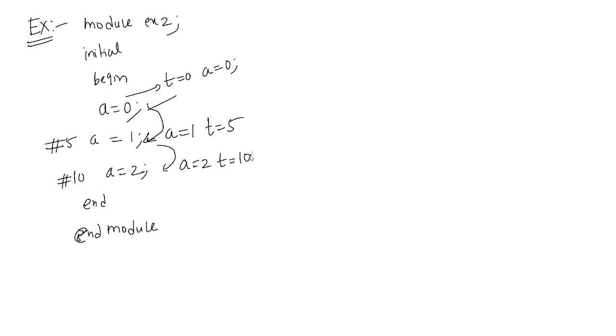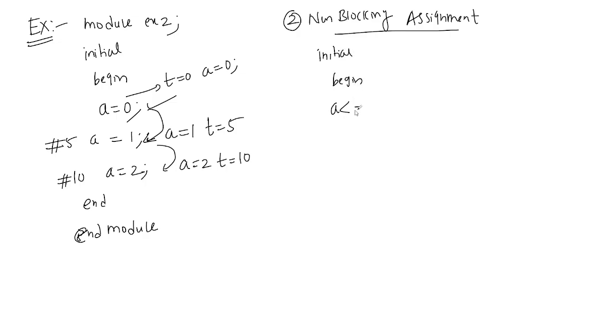Now suppose we look at non-blocking assignment. Non-blocking assignment means it will execute parallelly. Initial begin, a <= 1, a <= 0, a <= 1, end.